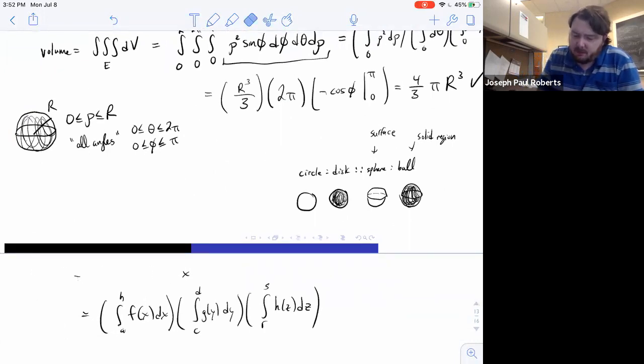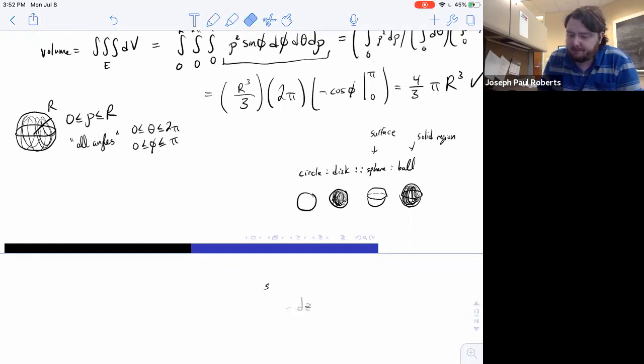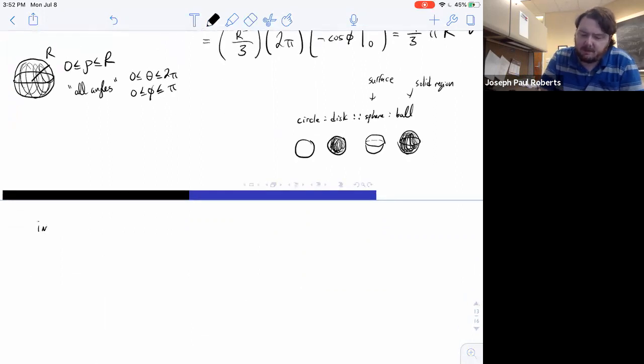So let's see what goes wrong with some other things here. So first of all, the importance of dV, which is rho squared sine phi, d phi, d theta, d rho.